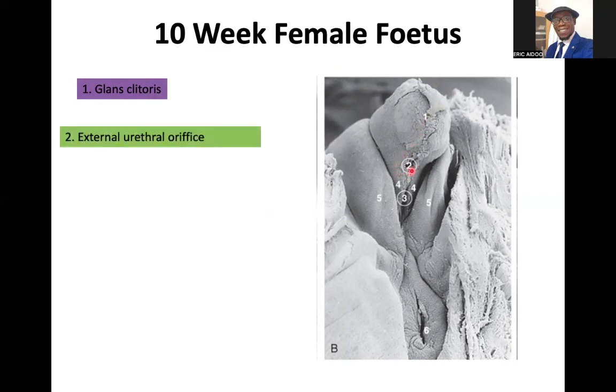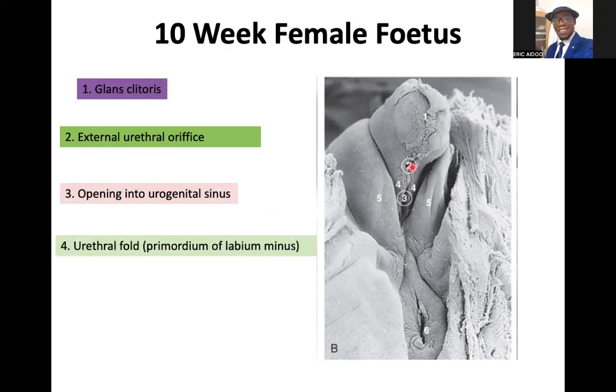number 2, where you have the cloacal folds joining. Then it's going to completely cover that in the male, but in the female, you still have that orifice opening into the urogenital sinus, urethral fold, which will become the labia minora, number 4.